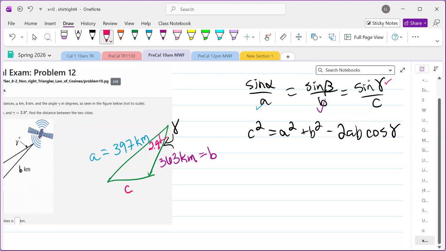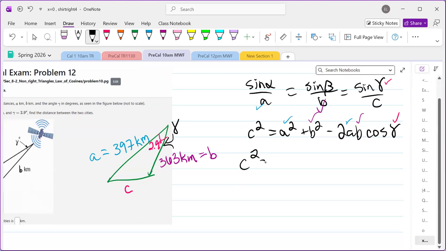I only know 1 piece from each fraction, so law of sines is not going to help me solve here. But my law of cosines, I know A, I know B, and I know gamma. That's everything on one side of the equation, so I can solve this.